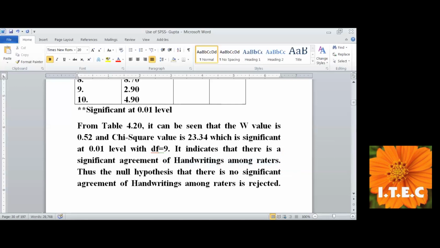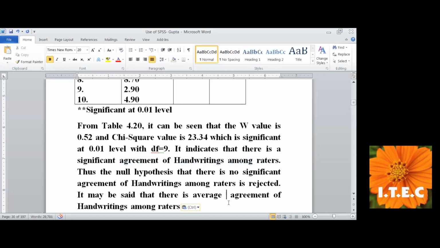So it may be said that there is an average agreement of handwritings among raters.